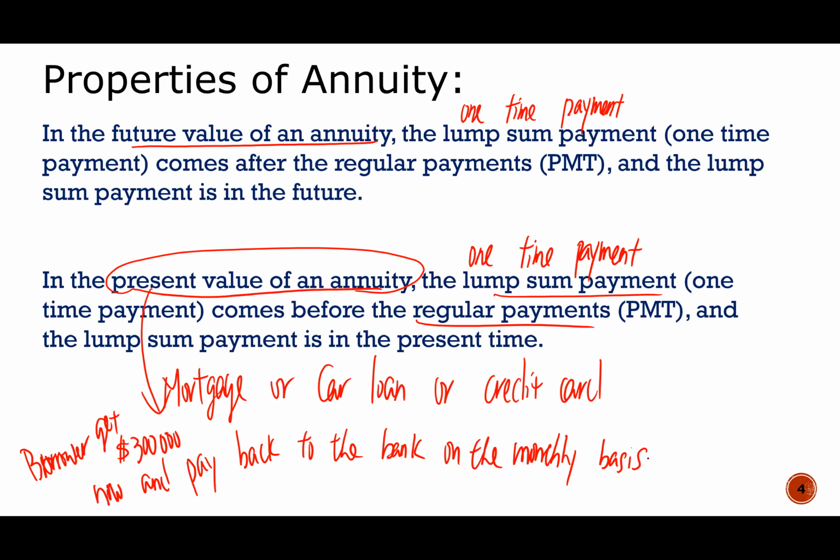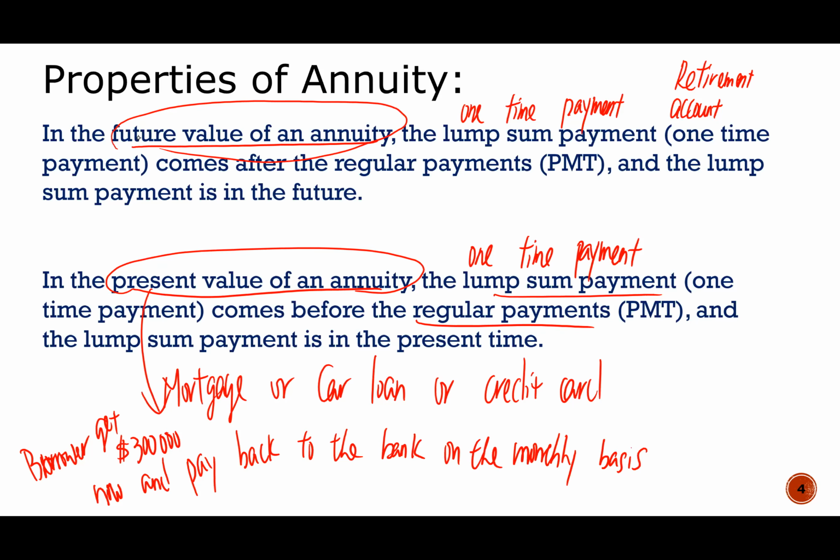For the future value of annuity, or the retirement account, right? Or trust fund, retirement account, like 401k, 403b, those are the future value of the annuities, meaning the lump sum payment comes in the future.